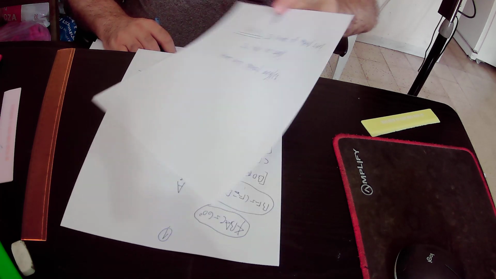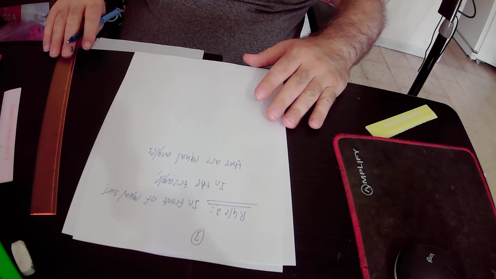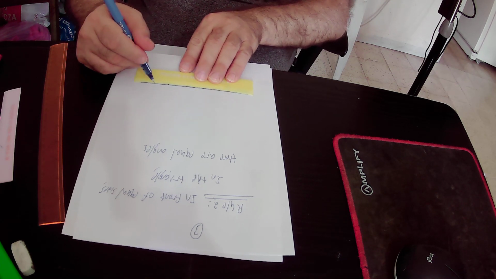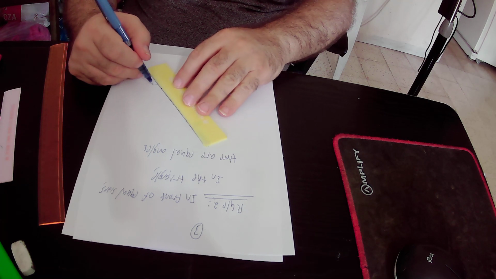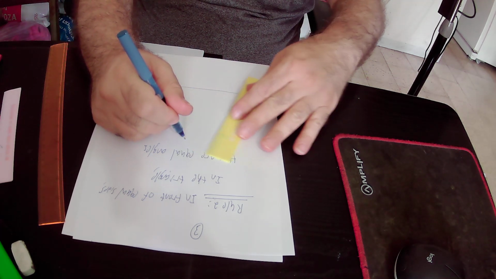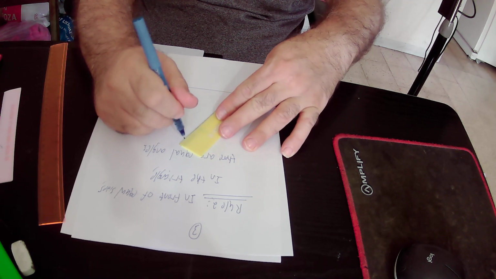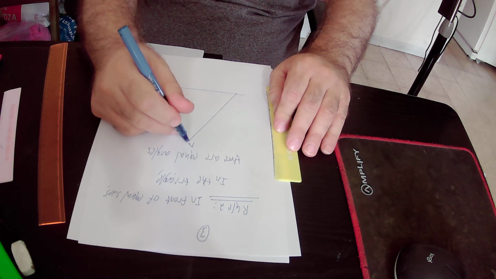So actually, if we have a triangle ABC that has two sides that are equal to each other, so this is triangle ABC.